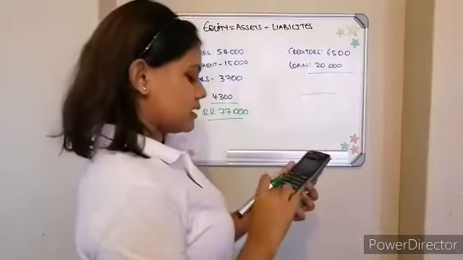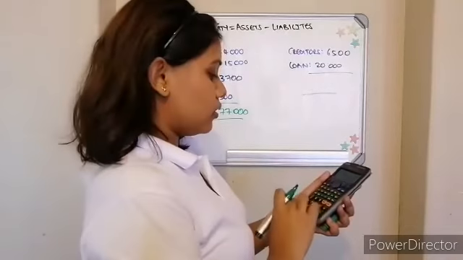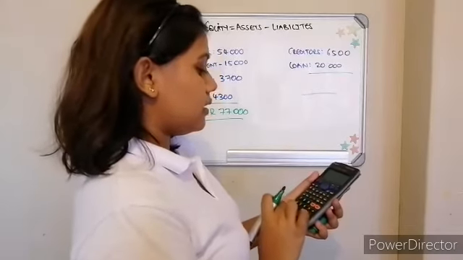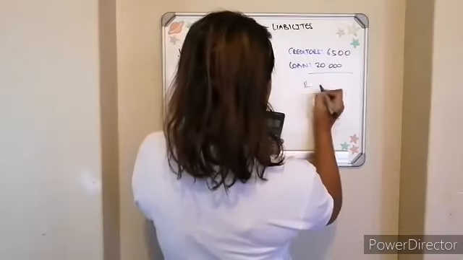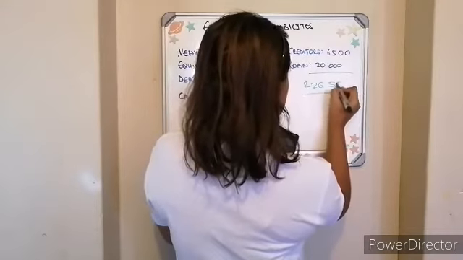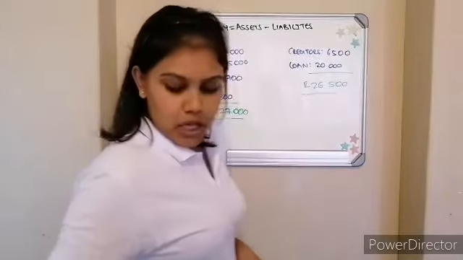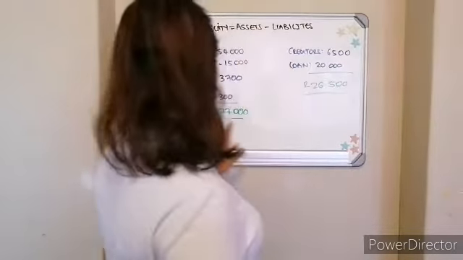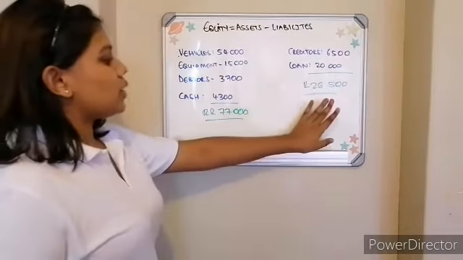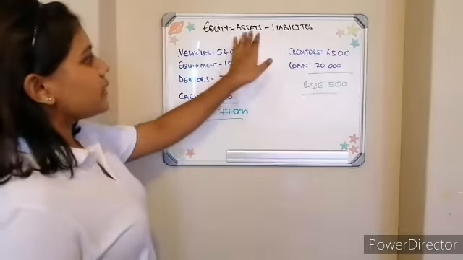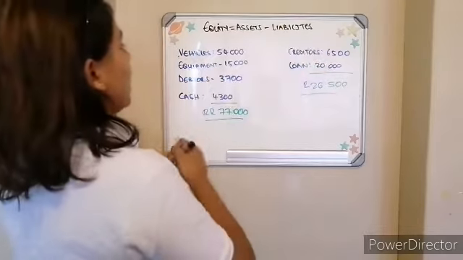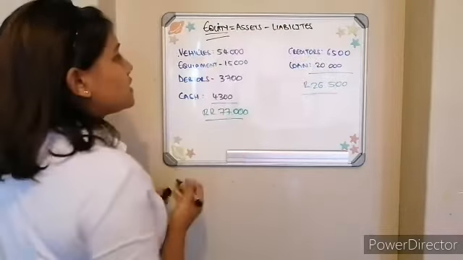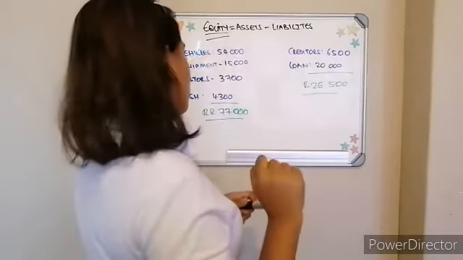So let's calculate our liabilities. 6,500 for our creditors plus 20,000 for our loan. That brings us to a total of 26,500. So now, once we have our total for our assets as well as our liabilities, we can substitute it into our equation in order to find out Nix's interest or his equity within a business.